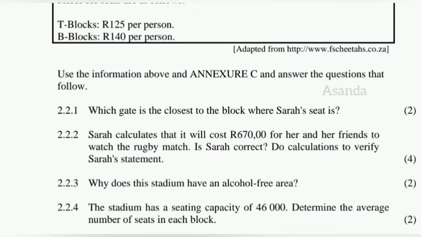An average is the total of data divided by the total number of data, right? And then you count all the data and then you divide by the number of data. That is the average they are asking for here.